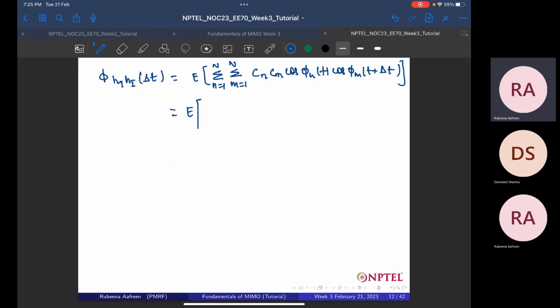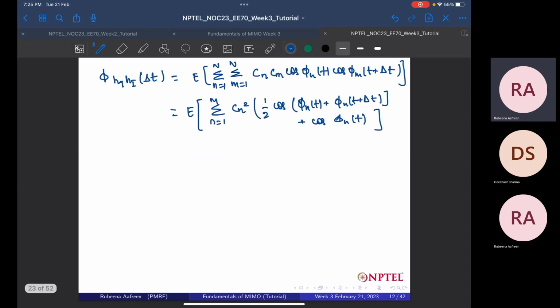So finally, it would be something like n equal to 1 to m, c n square, half of cos of phi n t plus phi n of t plus delta t, plus cos of phi n t. What we have done is that we have just taken the n equal to m case and proceeded with it.